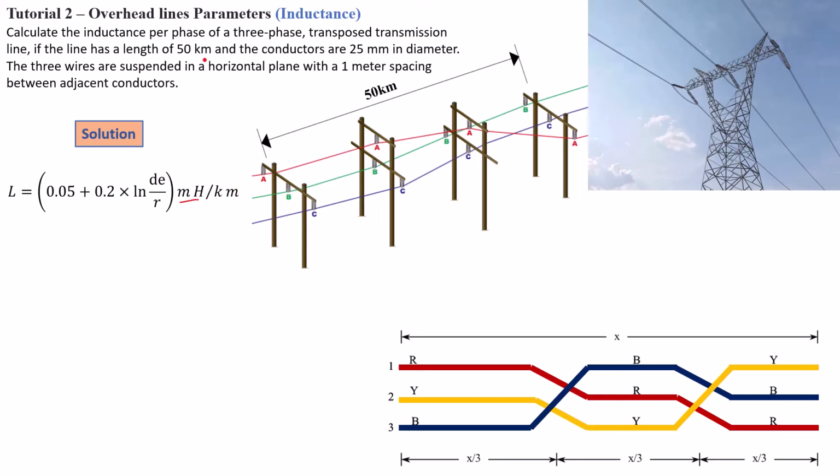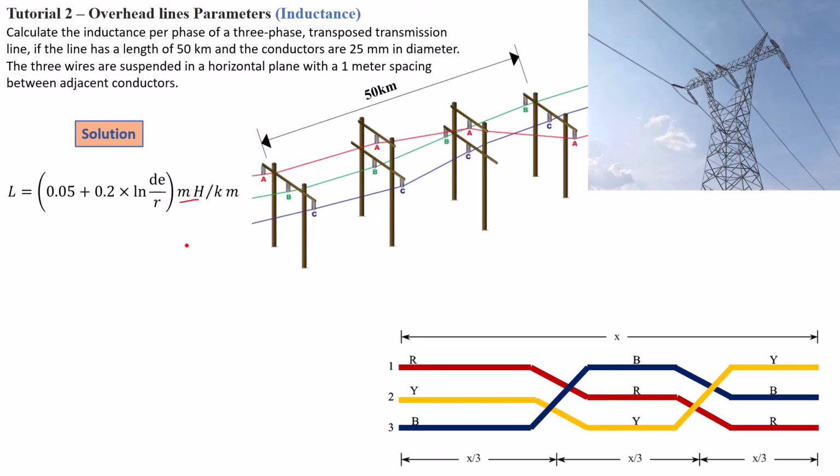Now if you've got 50 kilometers, then whatever answer you get here, you must multiply it by 50 so that you can get the inductance of your transmission line based on the distance over which it is running.